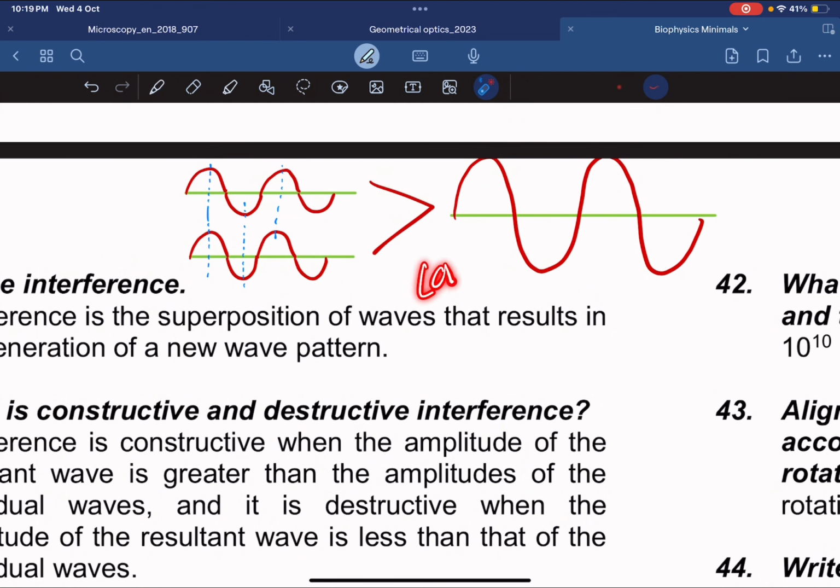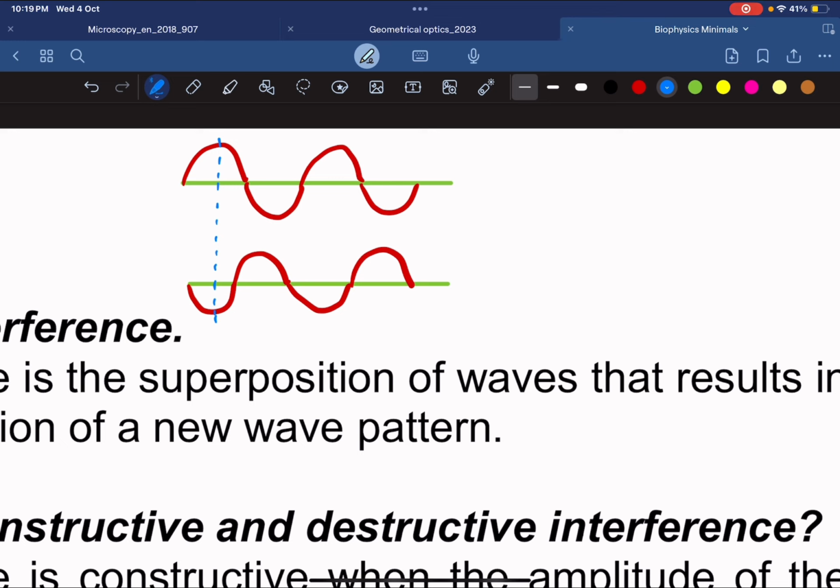Now, if I were to draw it like that, over here you see that the crest of this wave coincides with the trough of this wave, and the trough of this wave coincides with the crest, and you get the point. So basically, when this happens, they end up diminishing their amplitudes. They don't work together, they work against each other.